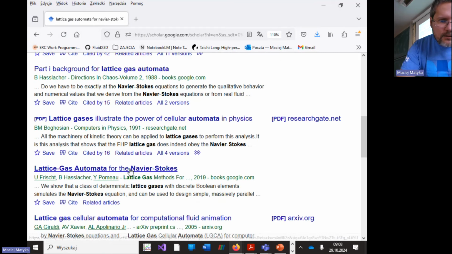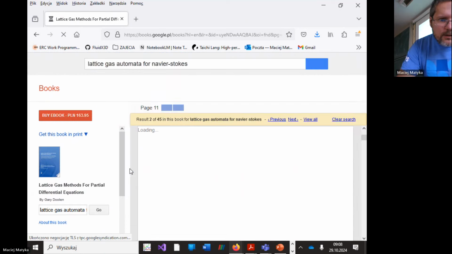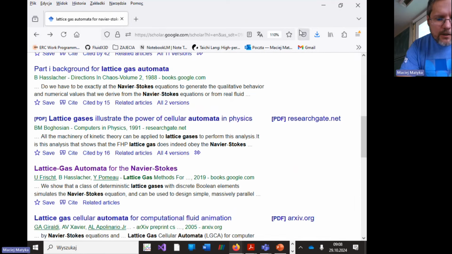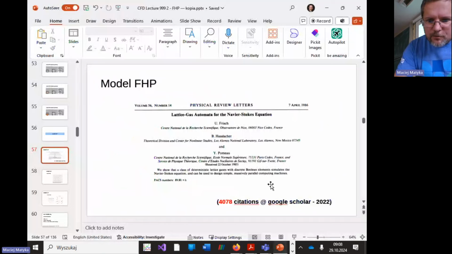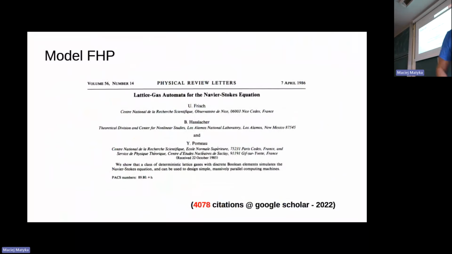Is there this one? Lattice Gas Automata for Navier-Stokes. Okay, no, this is the book. Okay, this is the task for you. We'll not spend more time. How many citations it has in 2024, but it goes, pretty interesting, 4,000. It's Physical Review Letters.